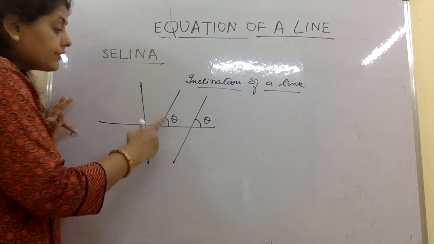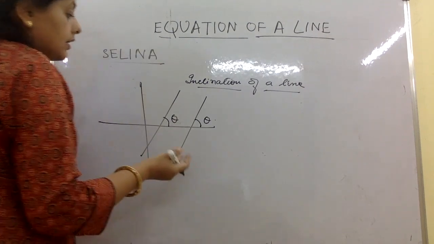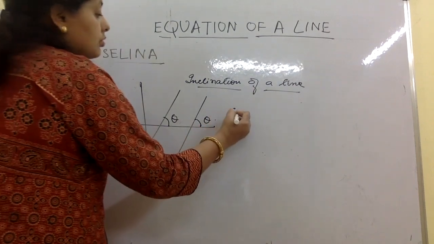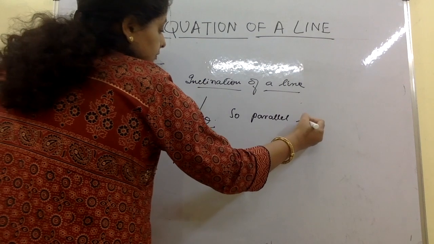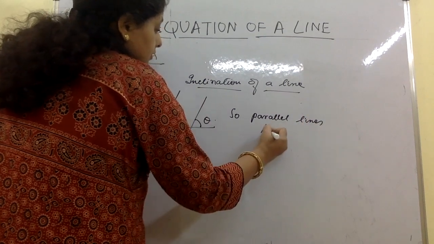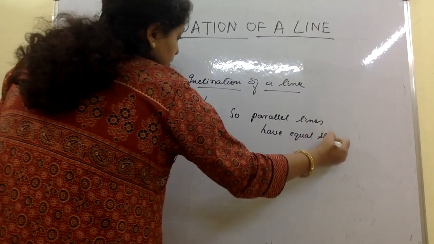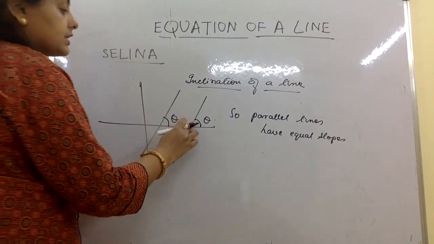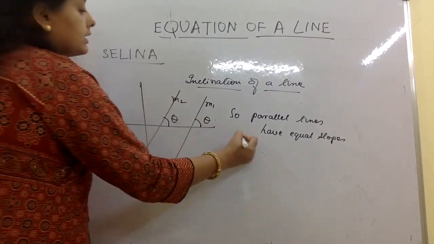So parallel lines have equal slopes because they actually have equal inclination. If the slope of this line is m1, slope of this line is m2, then m1 is equal to m2.